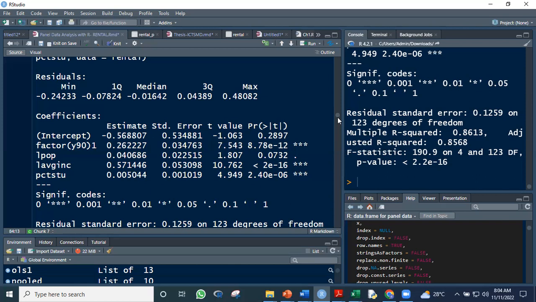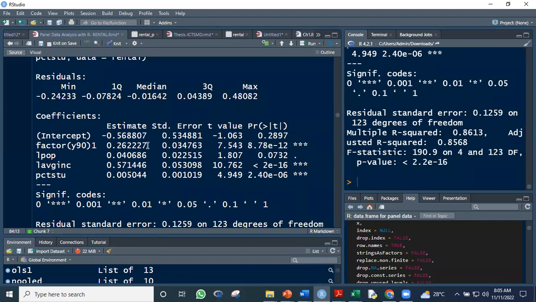So whatever result you get there, for example, since y90 is 1 and y80 is 0, when you interpret y90, it will be in relation to y80. So the 0.26227 here means that the rental for 1990 is higher by 26% as compared to year 1980.